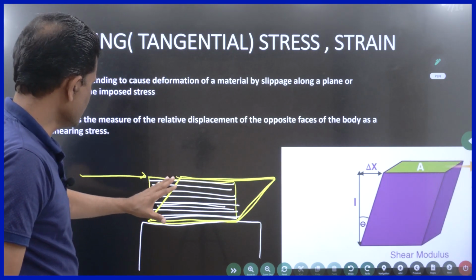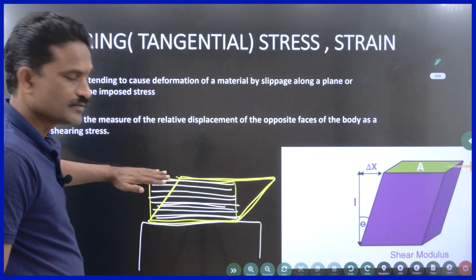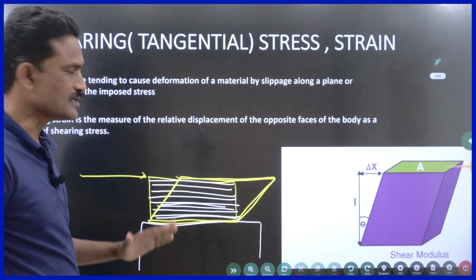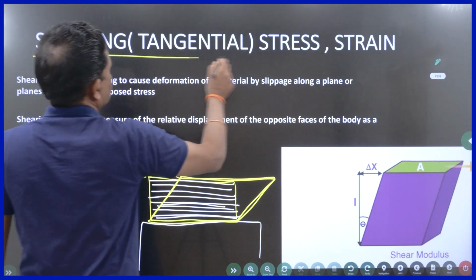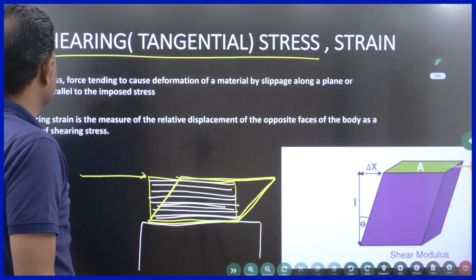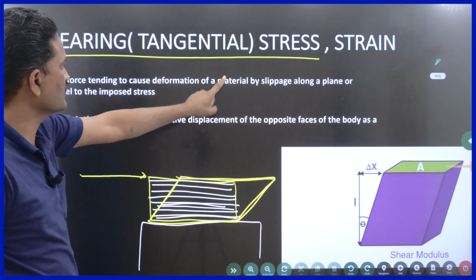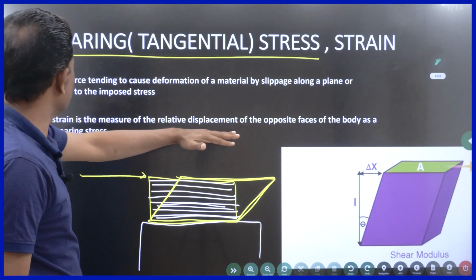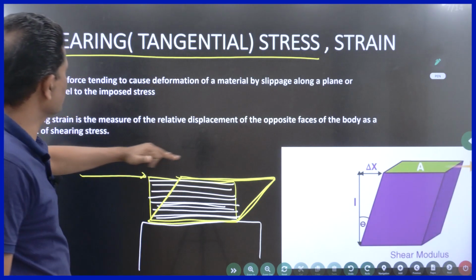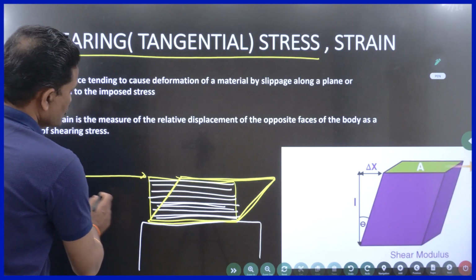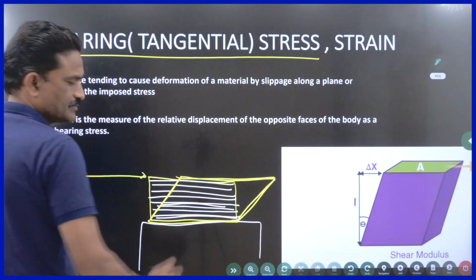So this force, which is bringing the lateral deformation, is called shearing stress. So how do you define shearing stress? Shearing stress: a force tending to cause deformation of material by slippage along a plane or planes parallel to the imposed stress. So I am applying force parallel to these layers.